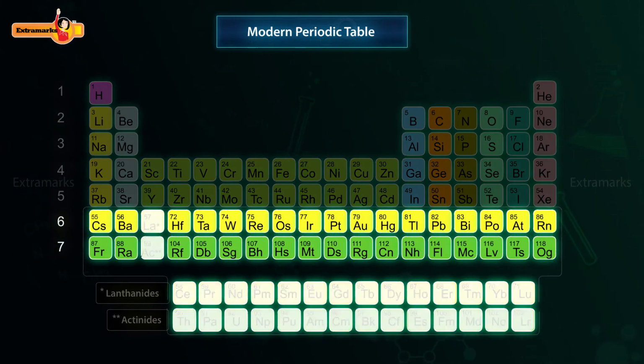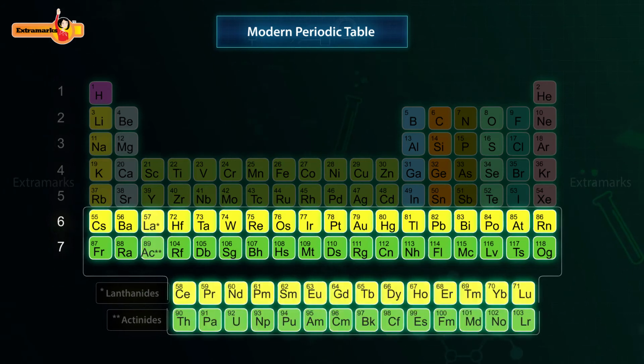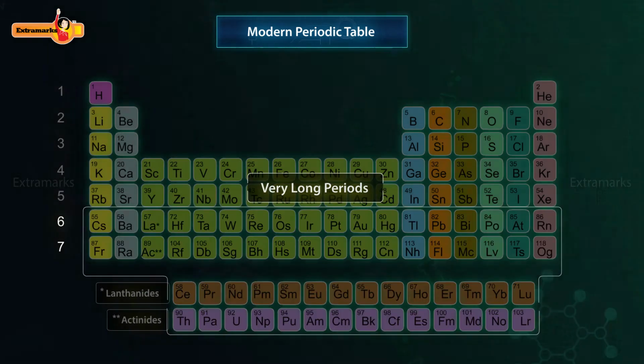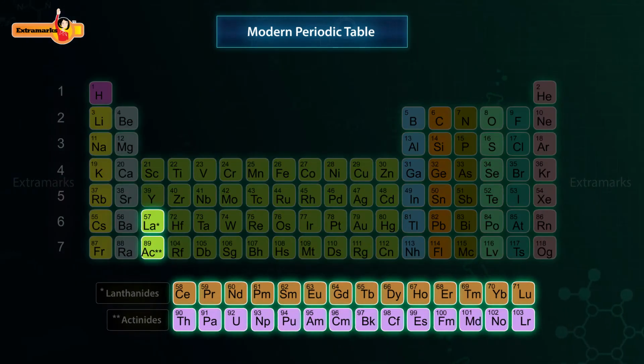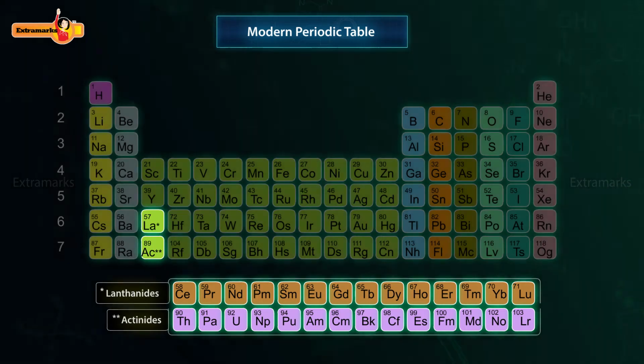The sixth and seventh periods consist of 32 elements each and are called very long periods. There are 2 series of 14 elements each having similar properties placed in 2 rows at the bottom of the periodic table to avoid it becoming too lengthy. These are known as the lanthanides and the actinides.